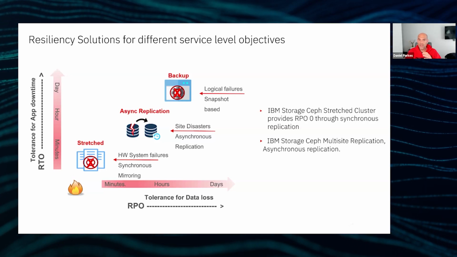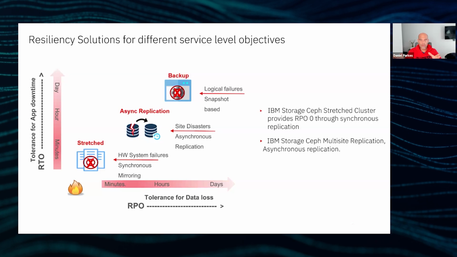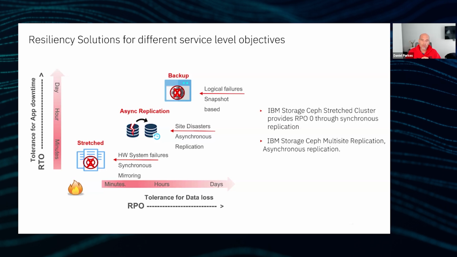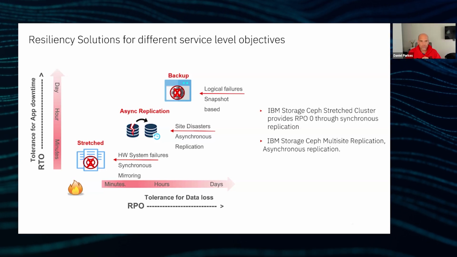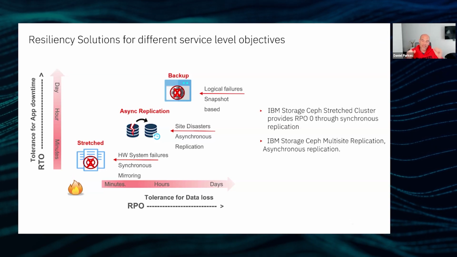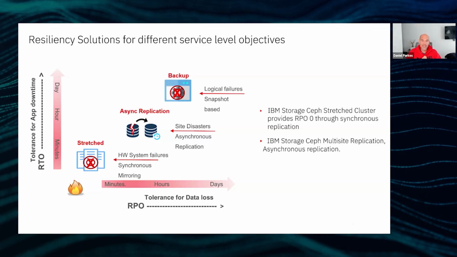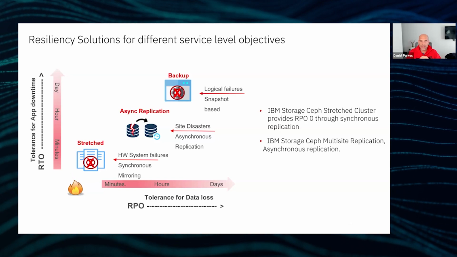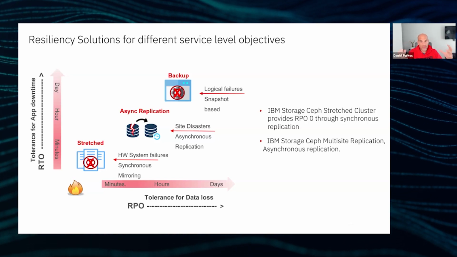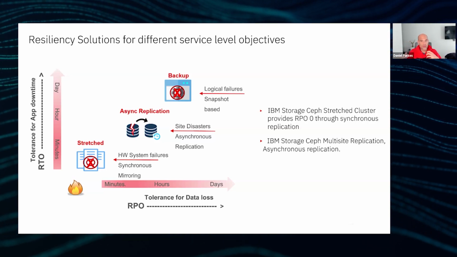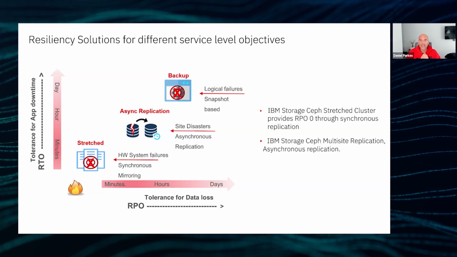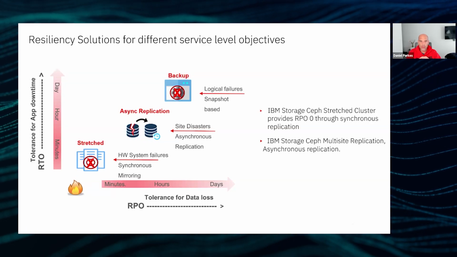I just wanted to show this slide to see how Ceph features fit into the resiliency solutions, and to cover them very briefly. Talking about RPO 0, the most expensive option, the one that offers synchronous replication, is in Ceph what we call a stretch cluster. Here, normally we have data centers that are quite close together because you have the requirement for dark fiber and low latency, and you're able to offer RPO 0.